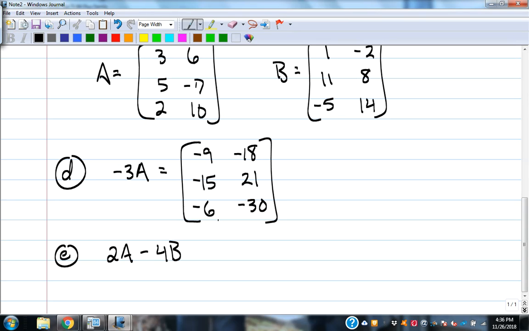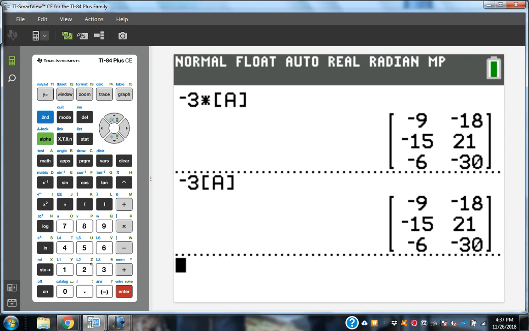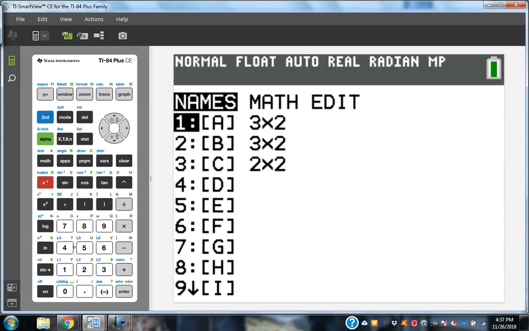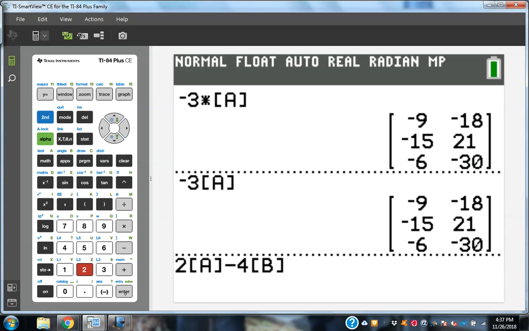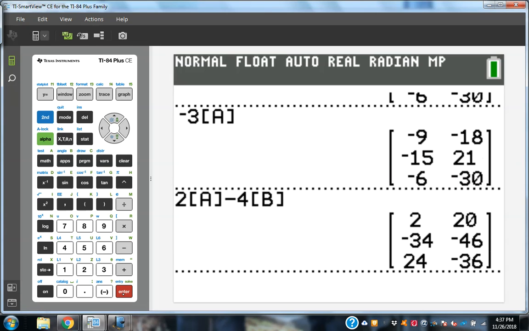Now, when it gets to doing this, I usually will do that with the calculator, just because I'm going to have to write a bunch of stuff down or type a bunch of stuff in, one or the other. I usually will just go to the calculator with that and say, okay, 2 matrix A minus 4 matrix B, and let it do the hard work for me, and it cranks out that result.